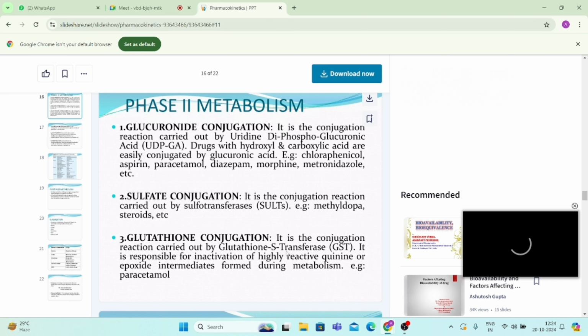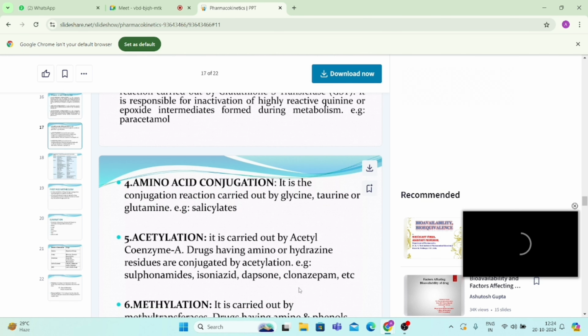Now we need to understand one thing here: paracetamol can be metabolized by glucuronide conjugation as well as glutathione conjugation. Both conjugations can be involved in case of paracetamol.